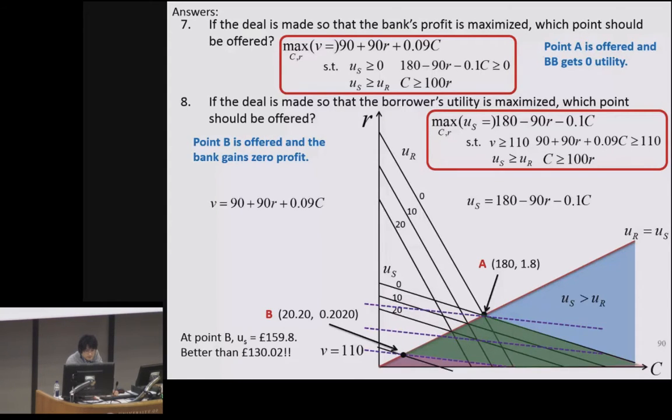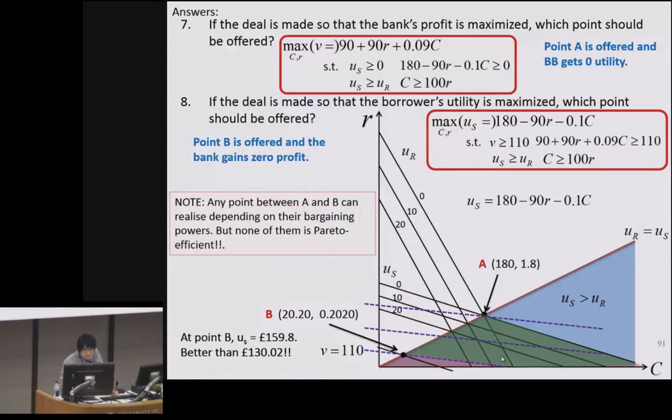Now, these two, point A and point B, are very extreme situations. At point A, the bank has full bargaining power and the bank completely exploits Brown Bakery. At point B, the banking industry is so competitive that the bank is completely exploited by Brown Bakery.